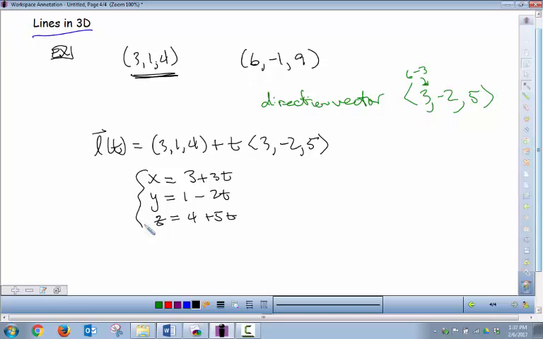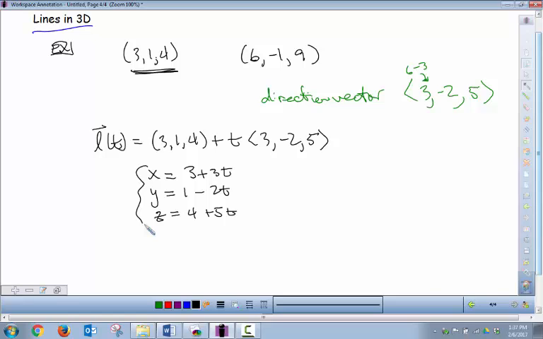And then if we solve for t for all these and set them all equal to each other, we'll get our symmetric form. So let's solve for all the t's. T is equal to, and you can kind of see the pattern here, right? X minus 3 divided by positive 3. That's for the x values.